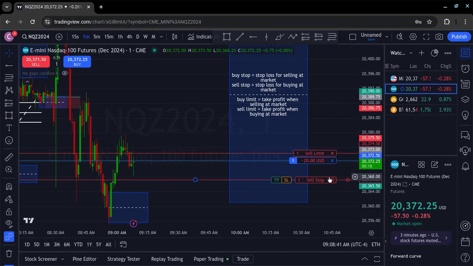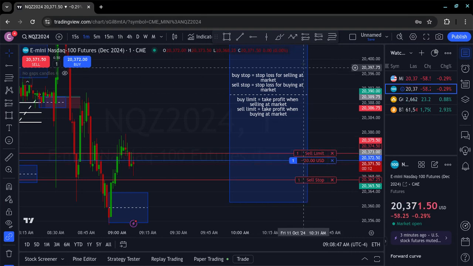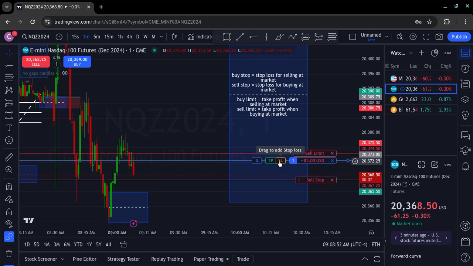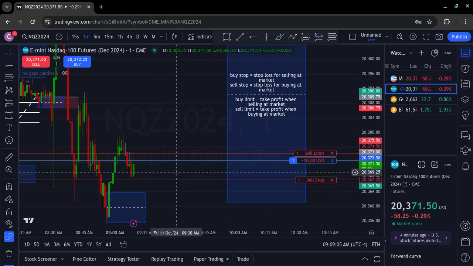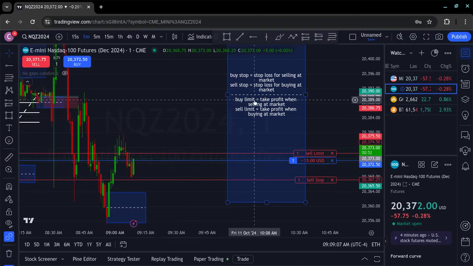But whichever it triggers, you'll have to close the other side so it won't be triggered. If the sell stop is triggered, you'll have to cancel the sell limit manually. It's going to take forever to do.